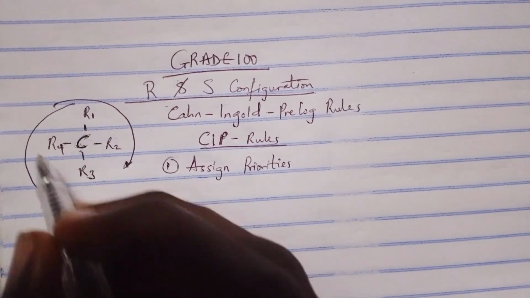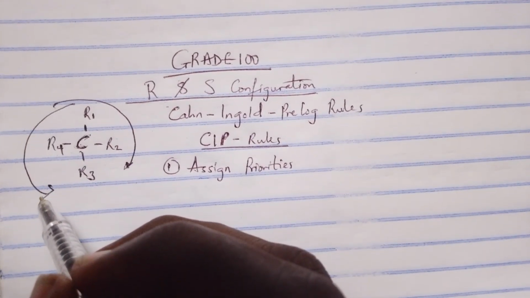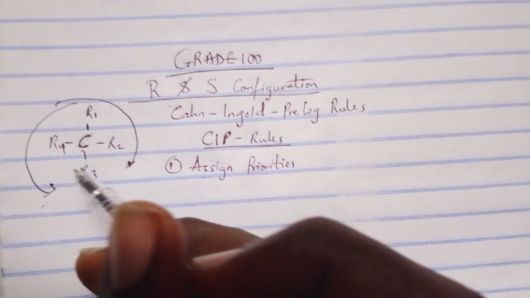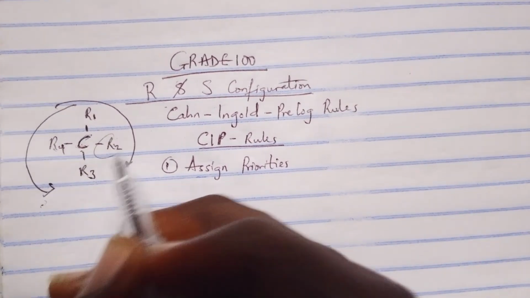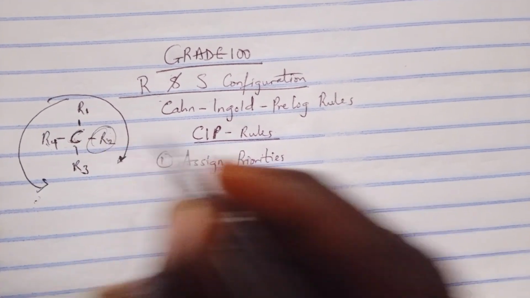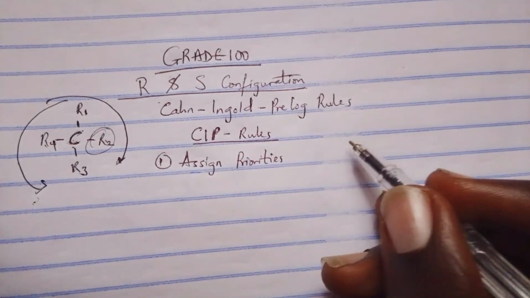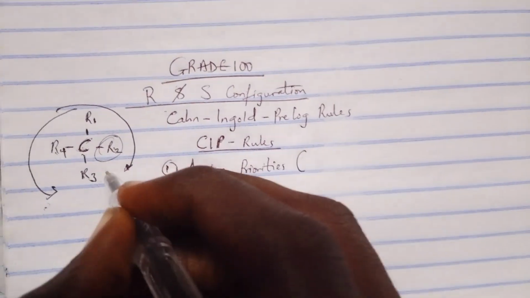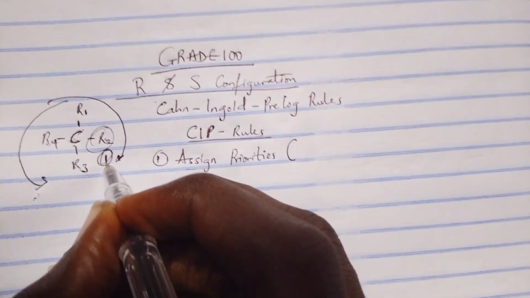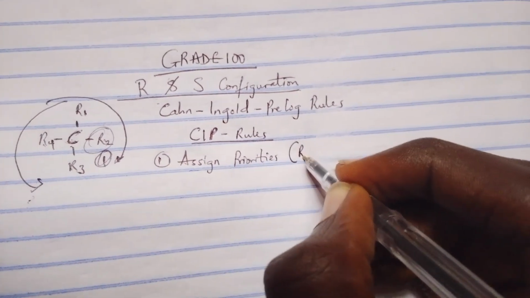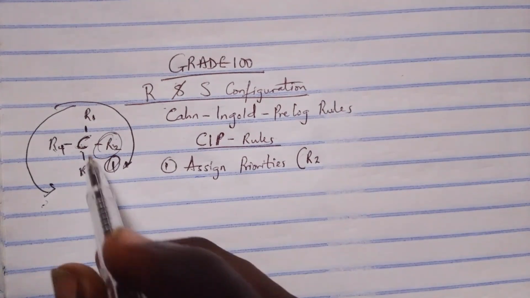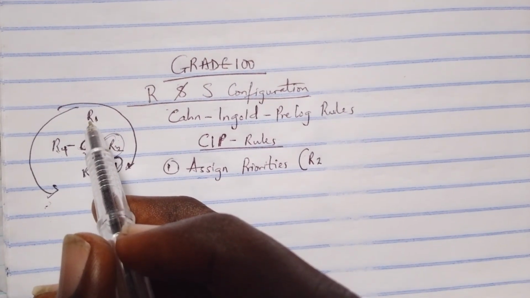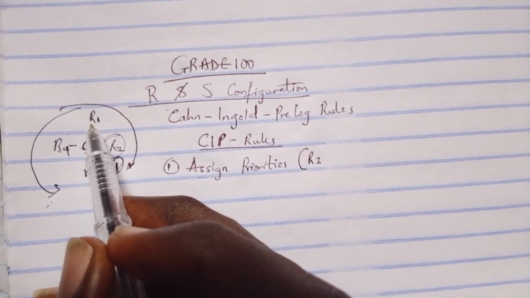Let's say we have R1, R2, R3, and R4. Let's say R2 is the one with the highest priority. Hence, we will assign the number 1 to R2. Let's say R1 is the second highest priority, that is, it has the second highest atomic number.